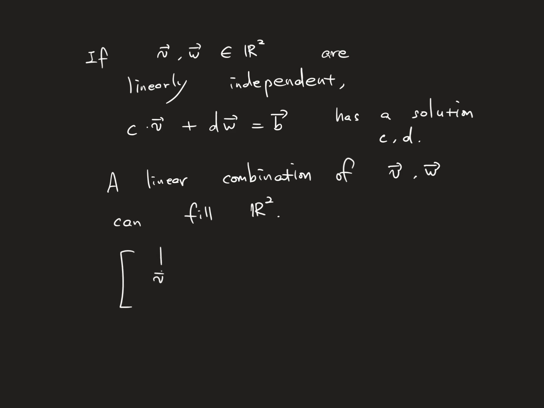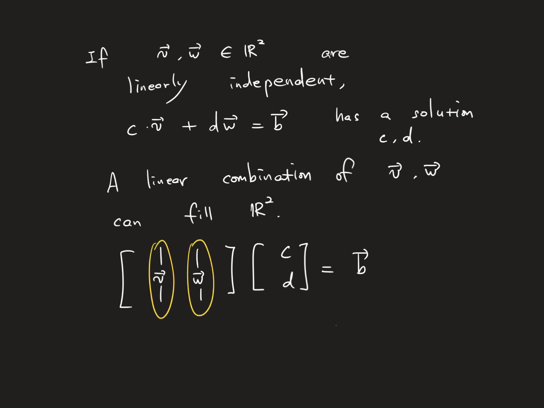This time we have V and W, and this equation with c and d equal to B, but we assume that this V vector and W vector are linearly independent. That means the span of V vector and W vector, maybe we can use the set notation, is R2 right now, and that's why we can have a solution.